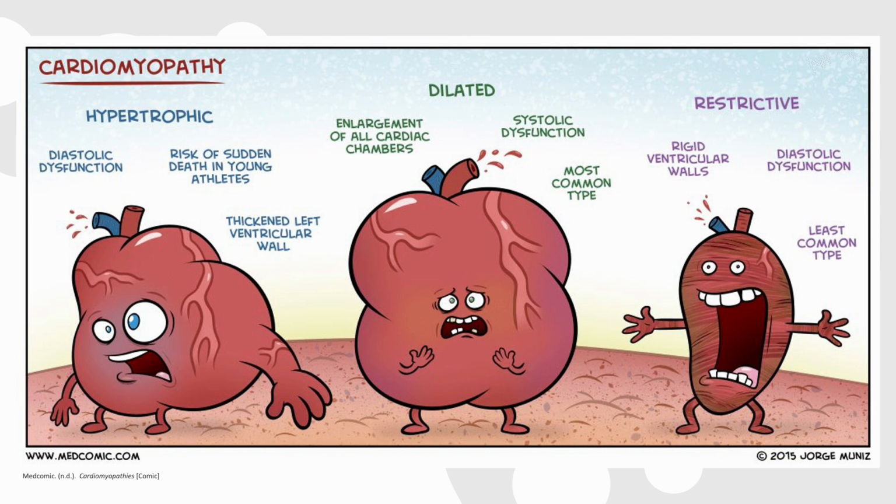Then on the right, we have the restrictive or arrhythmogenic right ventricular cardiomyopathy, which looks at the deterioration of the right ventricular wall and affects diastolic function. As the comic states, it's definitely not as common as hypertrophic and dilated.